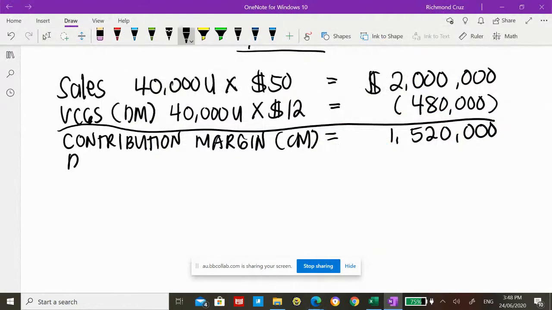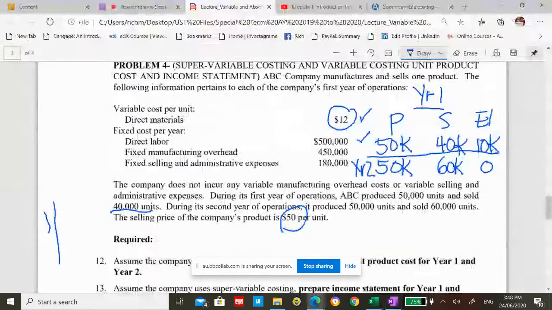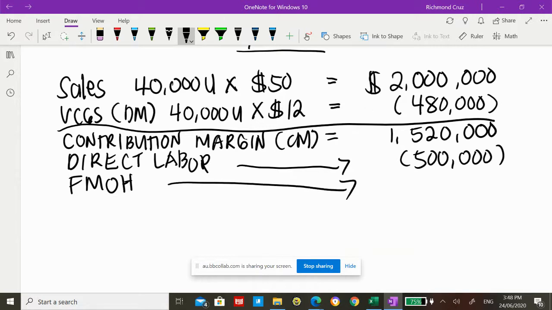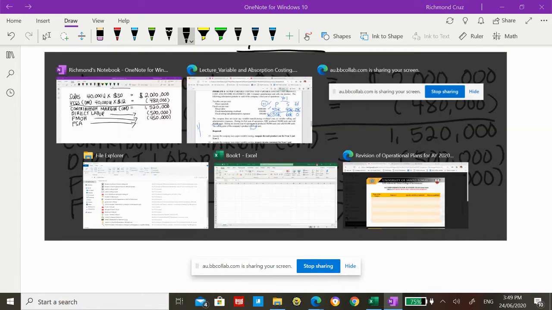So I'm going to deduct direct labor, which is fixed for this problem, and that is 500,000. So minus 500,000. Another one for fixed manufacturing overhead, and that is 450,000. And lastly, for fixed selling and admin expense, and that is 180,000.